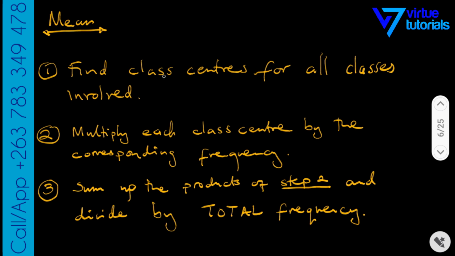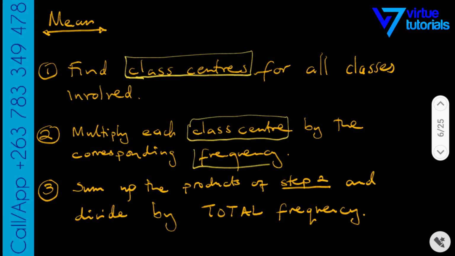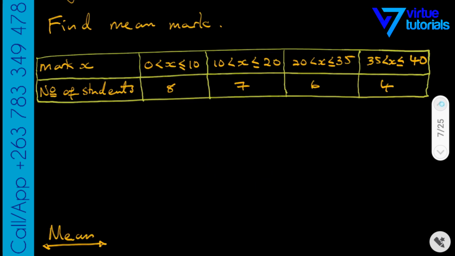Once you find the class centers, you multiply each class center by the corresponding frequency, and you go to the next class center times the frequency of that class, and so on. Then you sum it up. The third step is to sum up the products of step 2, and then you divide by the total frequency. So let's see how that works out in these examples.